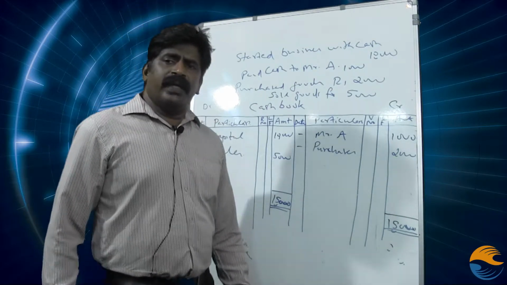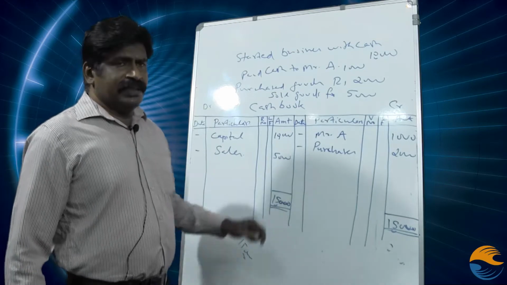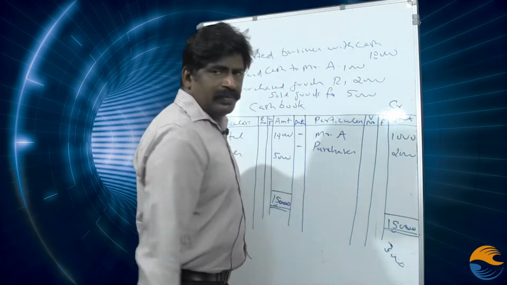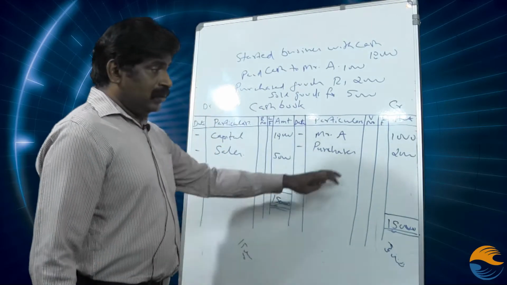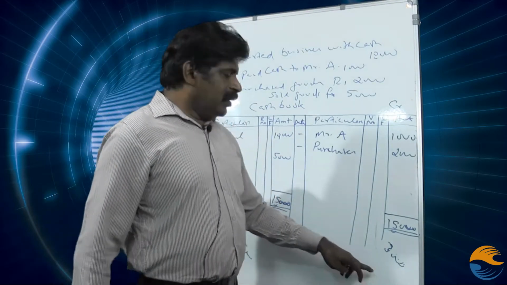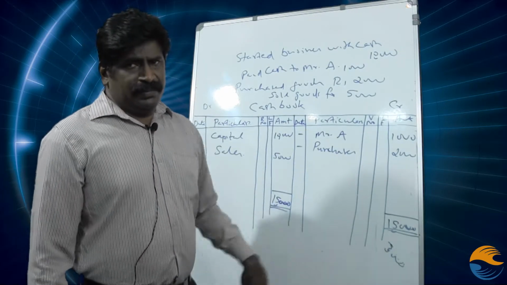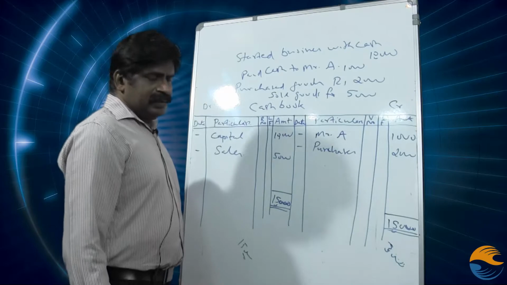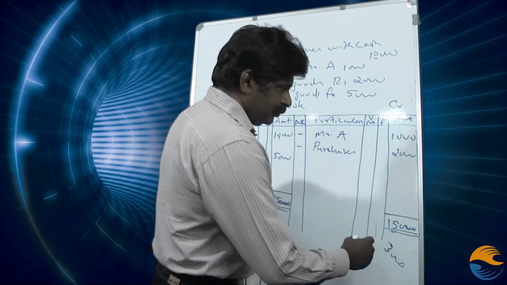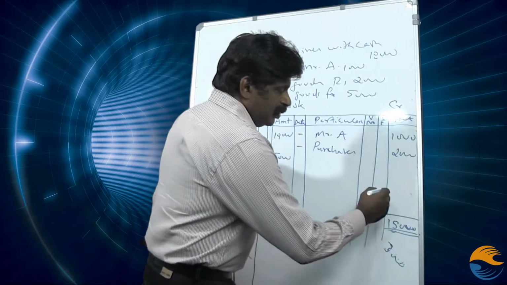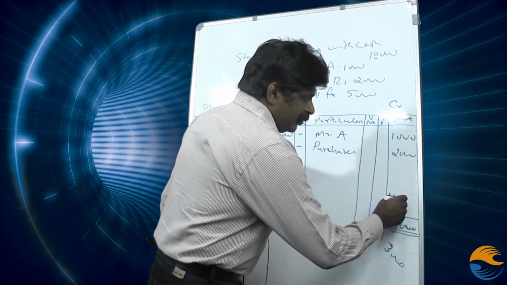Then find out the difference between these sides. We know that on the credit side there was a total of 3,000, and on the debit side it was 15,000. Consider the difference. The difference is 12,000. This 12,000 should be shown here.